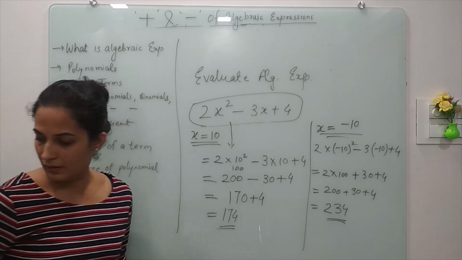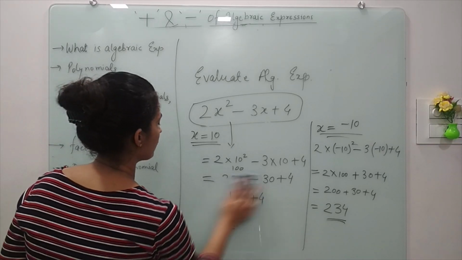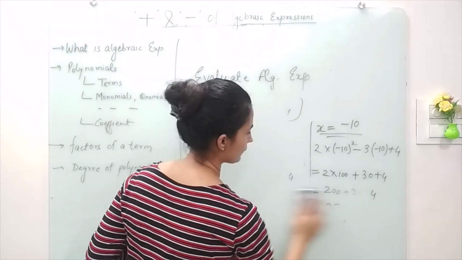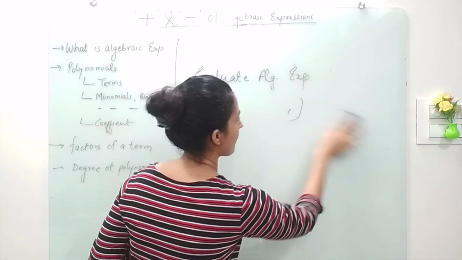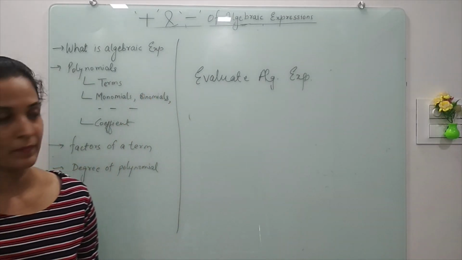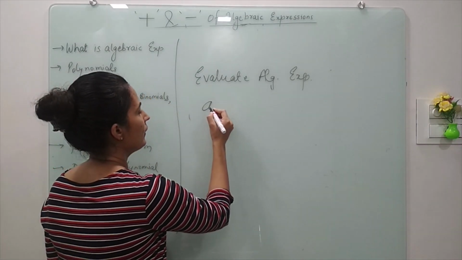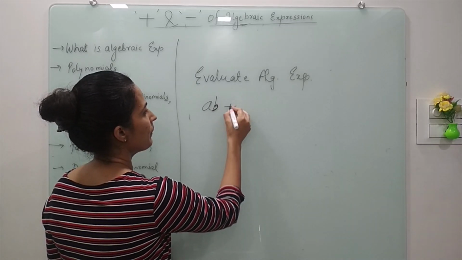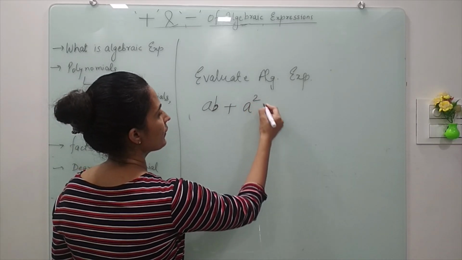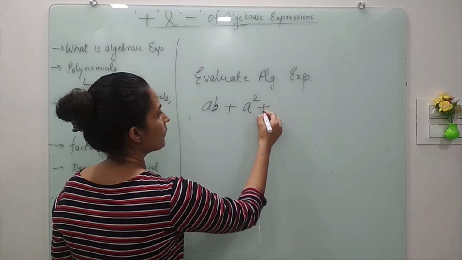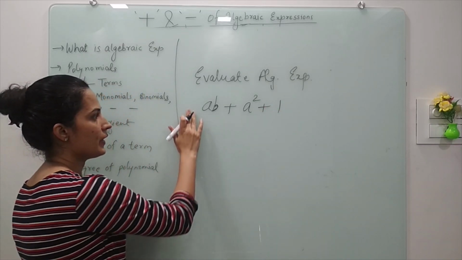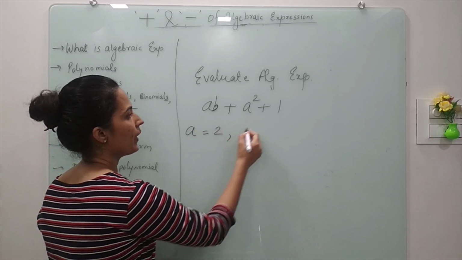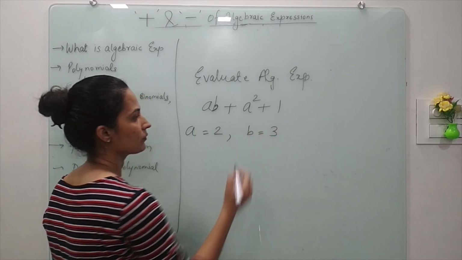Let's take an example. See for example, ab plus a square plus 1. This is an algebraic expression and the value of a is equal to 2 and b is equal to 3.